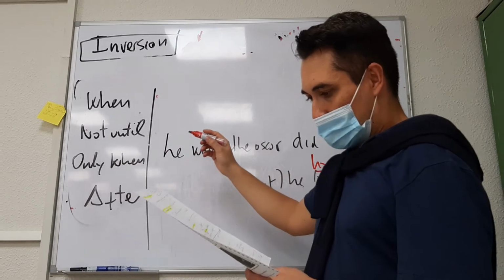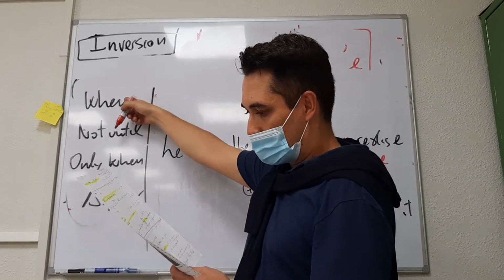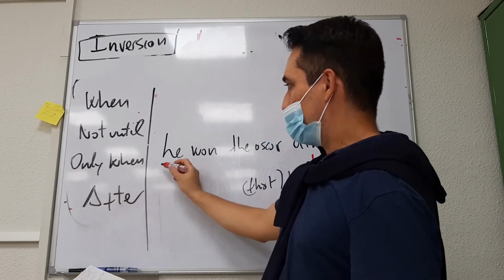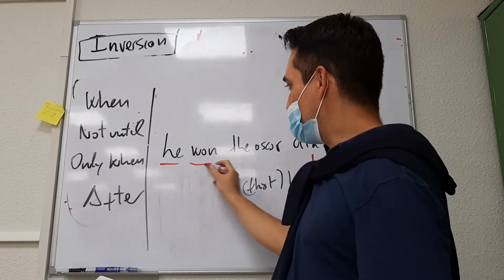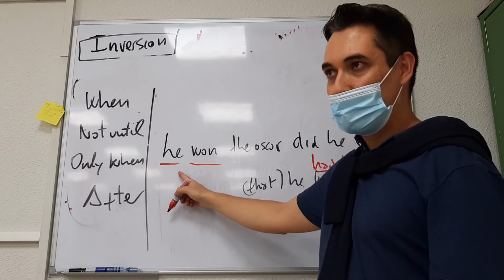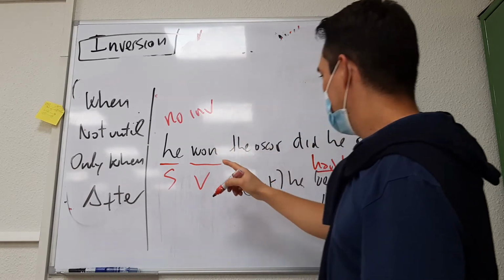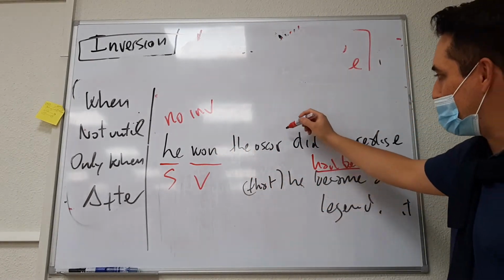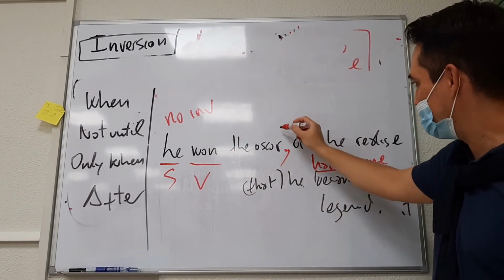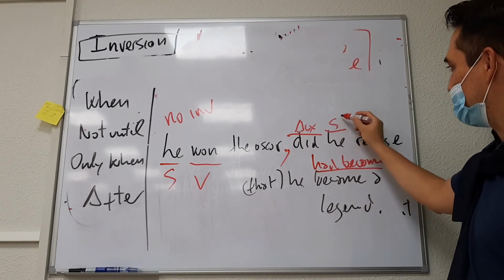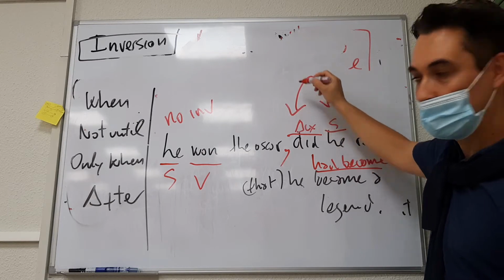Be careful, because when we use these expressions, when, not until, only when, after them he won. Is there an inversion here? No inversion, subject, verb. Only when he won the Oscar, and then in the second part of the sentence we have auxiliary and subject. Here is the inversion.